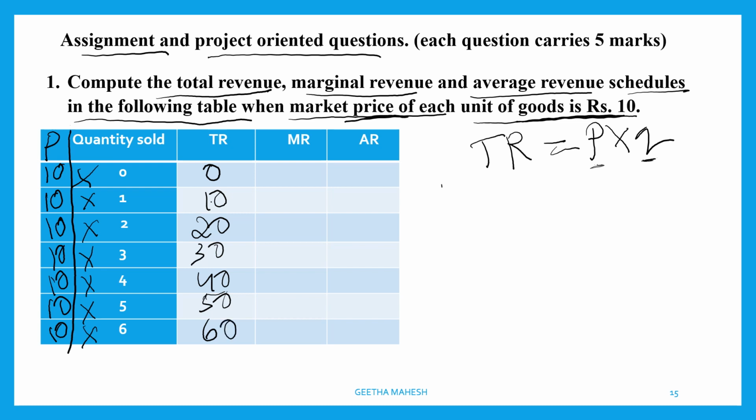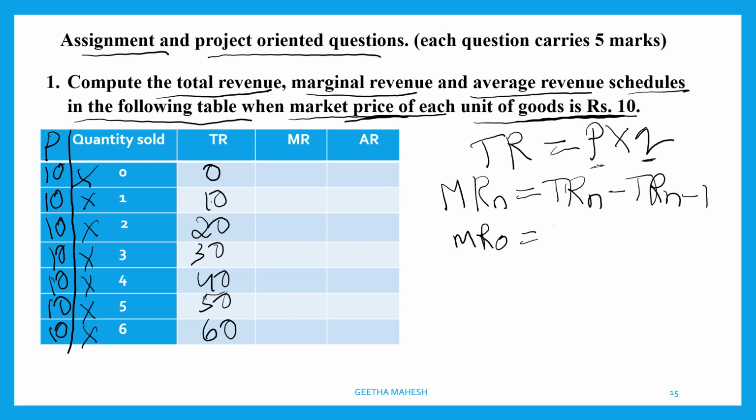Then how will you find out a marginal revenue? Marginal revenue N equals total revenue N minus total revenue N minus 1. So, here what is total revenue N? Let me consider now we need to find out a marginal revenue for 0. So, we have to take a total revenue for 0 minus total revenue 0 minus 1.